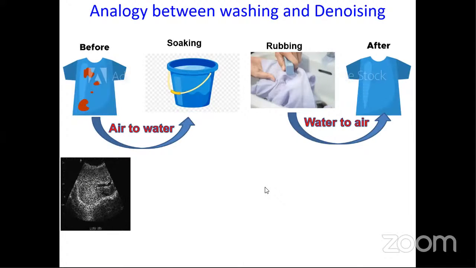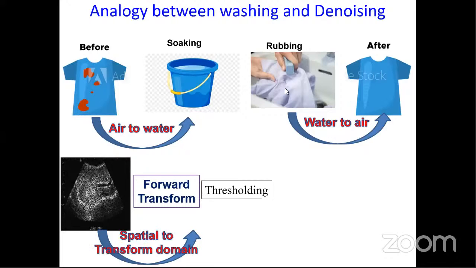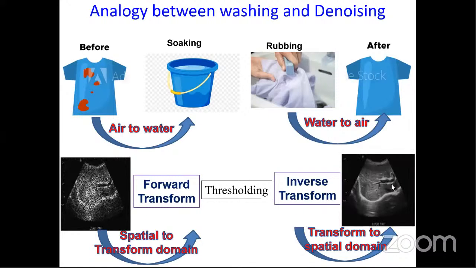This is similar to soaking, and we call it the forward transform. Then you have rubbing. Instead of rubbing, what we have is the thresholding operation. Thresholding will retain some coefficients and throw away some of the coefficients. That is similar to rubbing. After that, I have to take the inverse transform, and then I get back to my original domain.